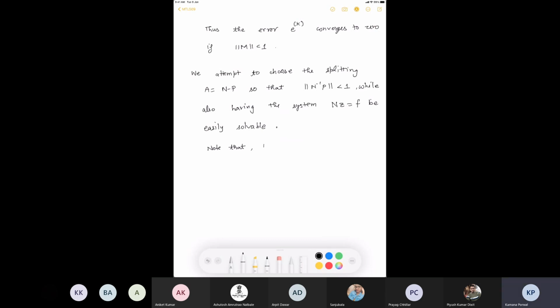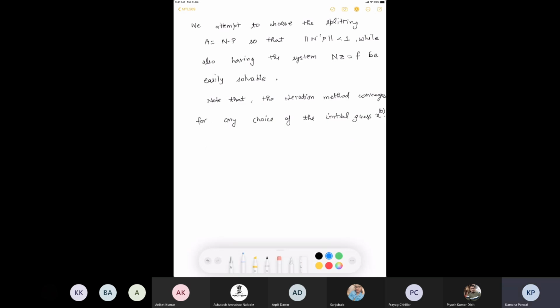So note that the iteration method converges for any choice of the initial guess x0. Are there any doubts so far?